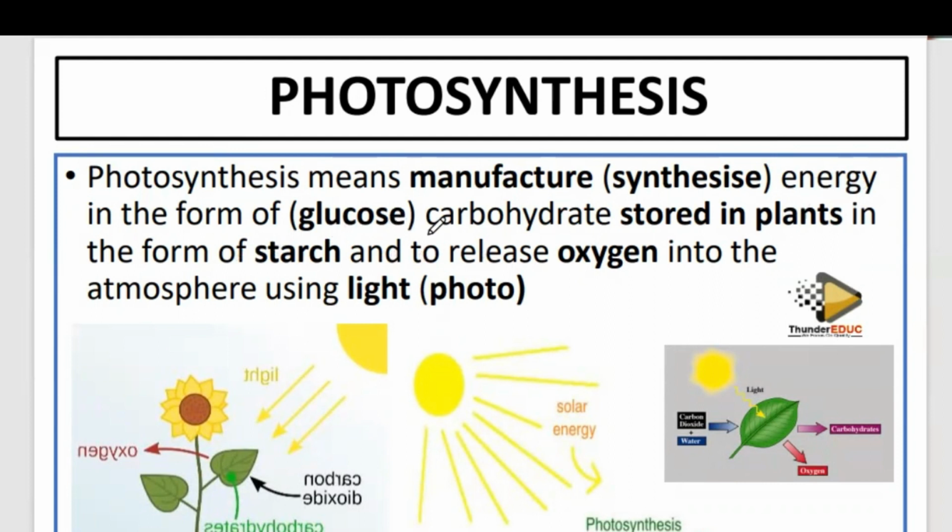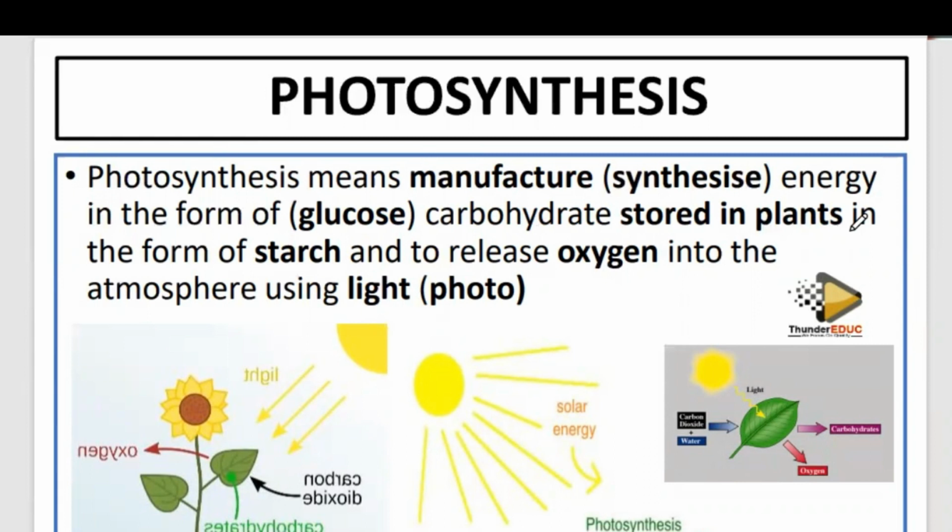Glucose, or sometimes it is in form of carbohydrates. We will understand the difference between glucose and carbohydrates. When you say glucose, it means glucose is an example of a carbohydrate. Carbohydrates are energy giving foods, and they are basically produced from the plants.